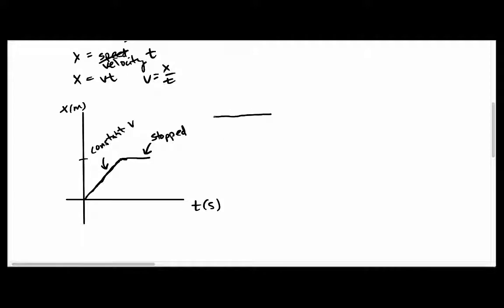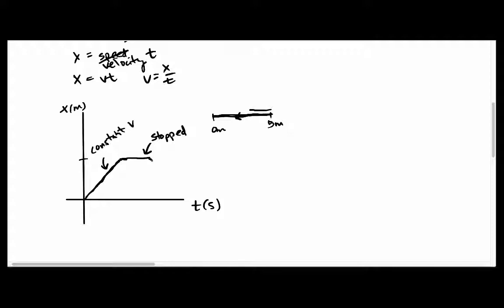So we're moving, our position is increasing forward. And then we stop for a while, and then we decide to go back. Now our position, let's say this was at 5 meters and this is at 0 meters. So we were at 5 meters, and now we're at 4, 3, 2, 1, and we're moving that direction. So here we had moved forward, and then we stopped for a while, and then we start moving back.